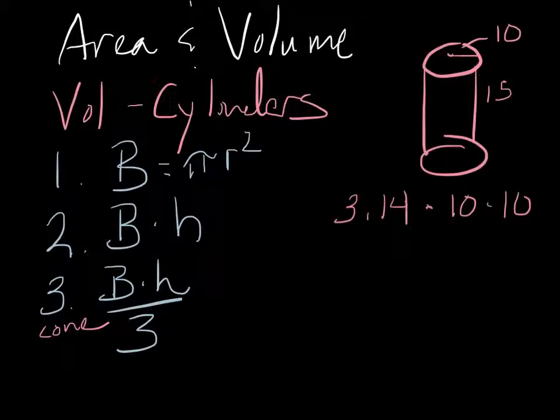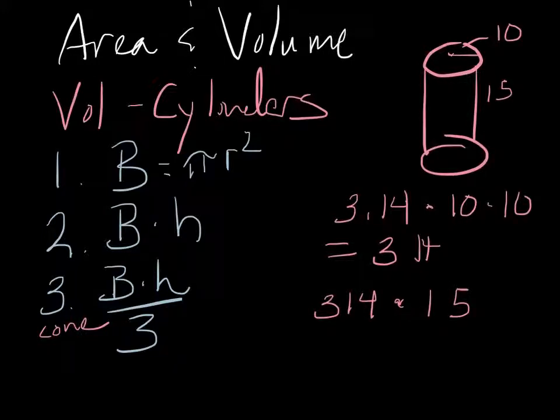Well, that's going to be 314. Then I'm going to multiply that by my height, 314 times 15, and that comes out to be 4,710. If this were a cone, I would just divide it by 3.